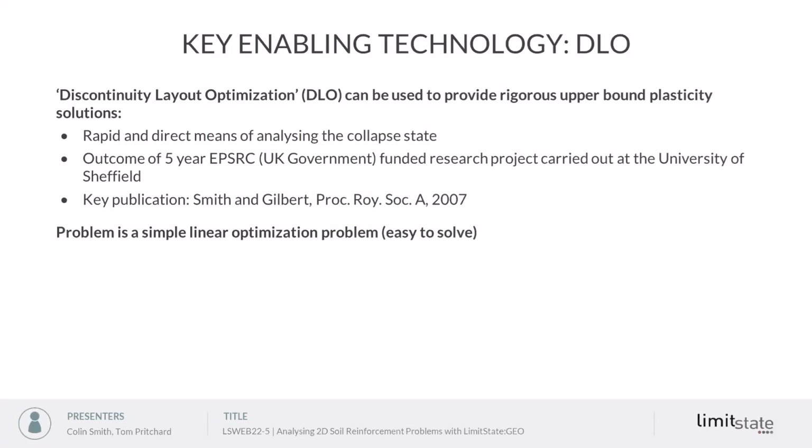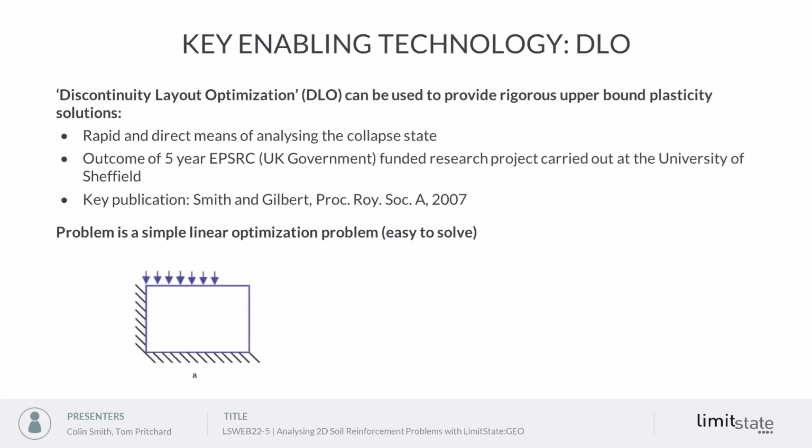We don't have to do an incremental analysis to approach that collapse state, as we would have to do in finite element elastoplastic methods. It was published back in 2007 in the Proceedings of the Royal Society, and there have been a number of other publications since then covering the methodology. And it's quite straightforward to describe it in its basic form. So I'll just do that here now.